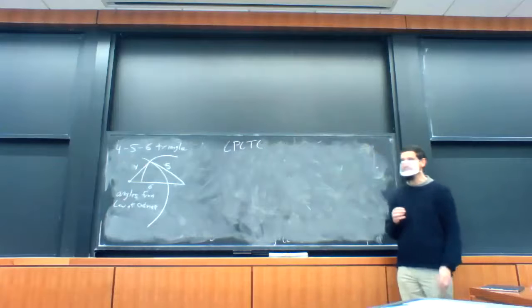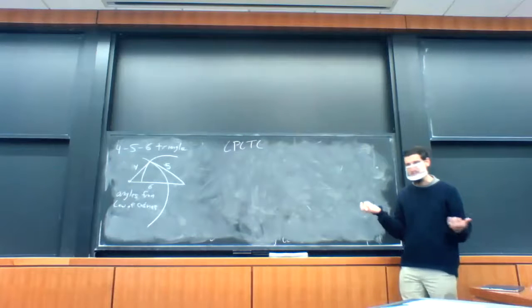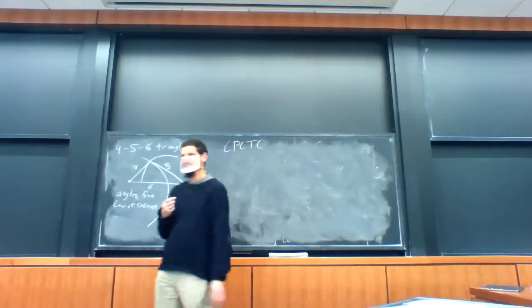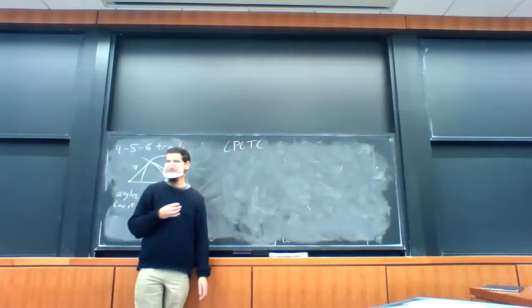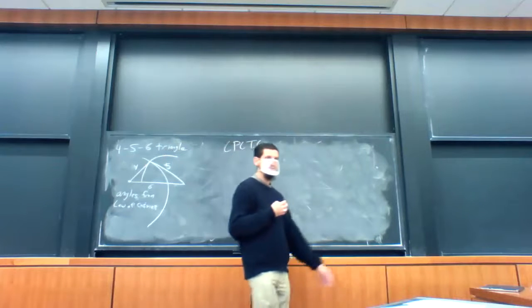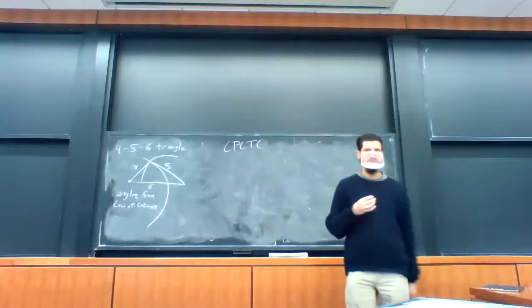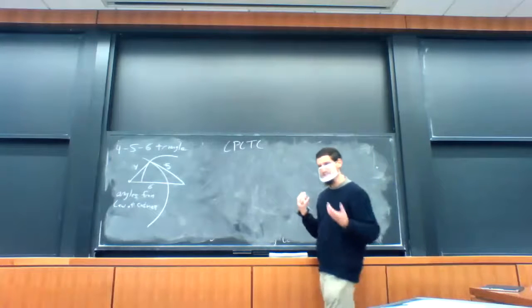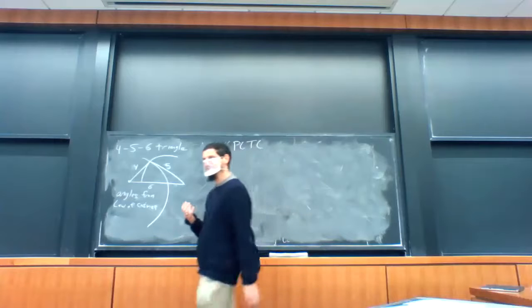So does anybody remember a rule that involves only the letters A and S, when I can tell two triangles are similar? So A is for angle and S is for side. There are these relations. Anybody remember any of them?